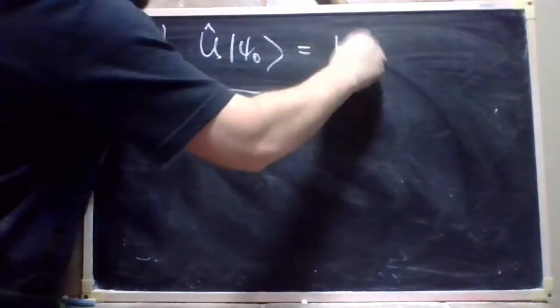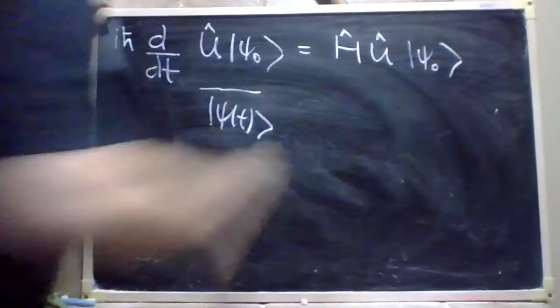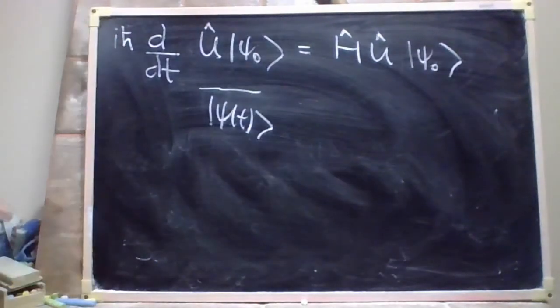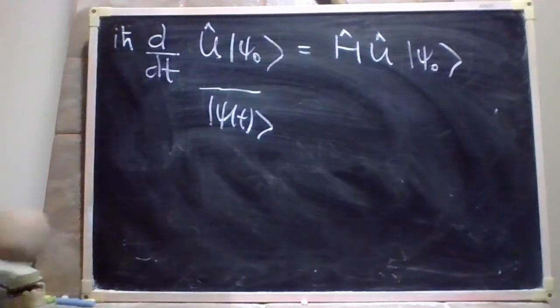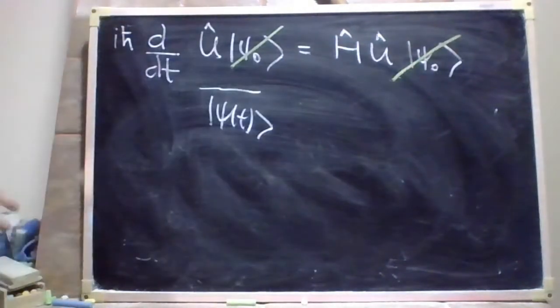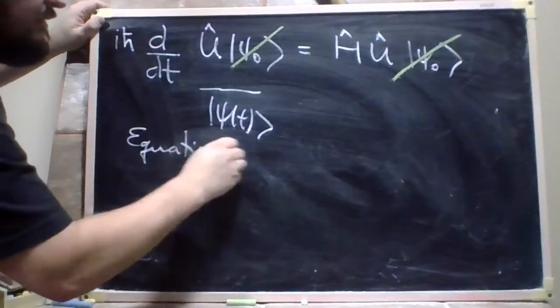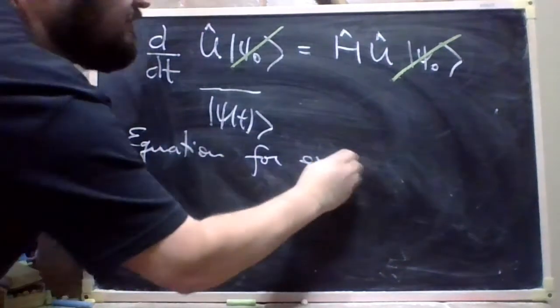It's equal to the evolution operator, the exponential of the Hamiltonian, and the initial state psi 0. This equation just shows you that it doesn't matter what the initial state is. All right? You have an equation for the evolution operator.